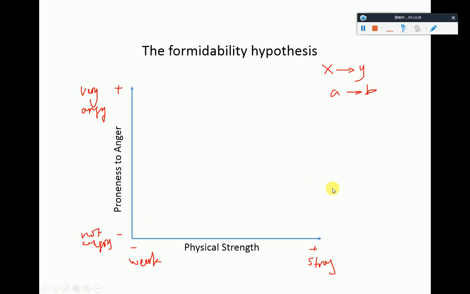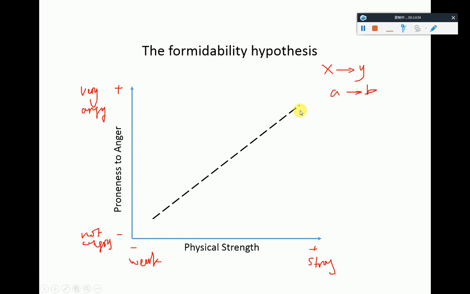So many of you may have guessed we use a straight line, an upward tilting line, to represent this hypothesis. This line is shooting in this direction.